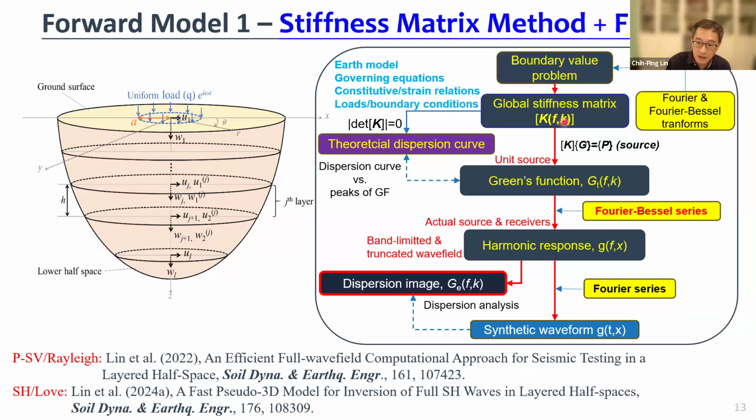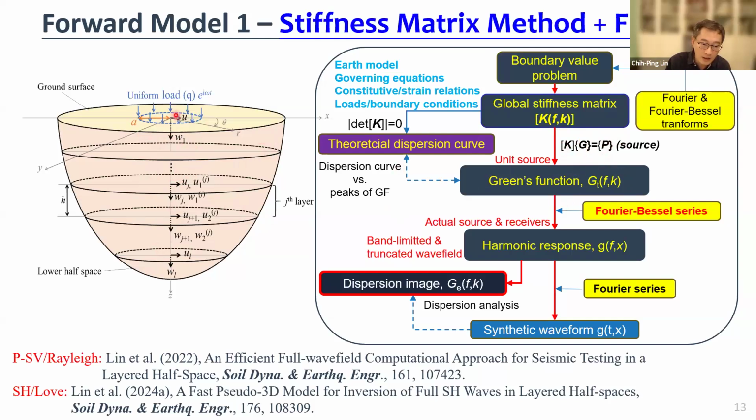This is called the stiffness matrix. So we get a stiffness matrix for each layer, and then like a finite element method, we can assemble a global stiffness matrix. This is traction at each layer interface, and this is displacement at each layer interface.